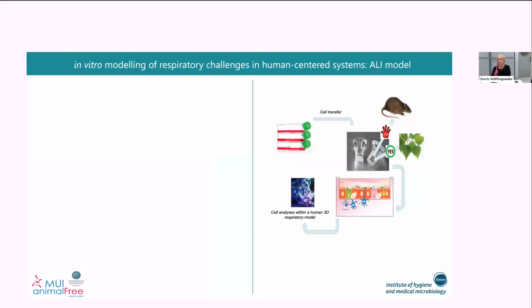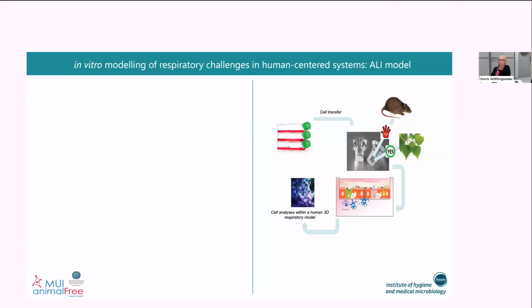This is our air-liquid interface models, where we use primary epithelial cells. So we do not use cell lines because these often cause unspecific migration of immune cells when immune cells are applied to the model.